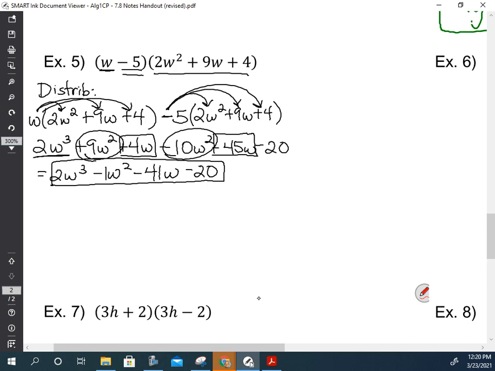So for Punnett squares, there are two ways that you can set it up. You can put w minus 5 on the left, and then 2w squared plus 9w plus 4 at the top.